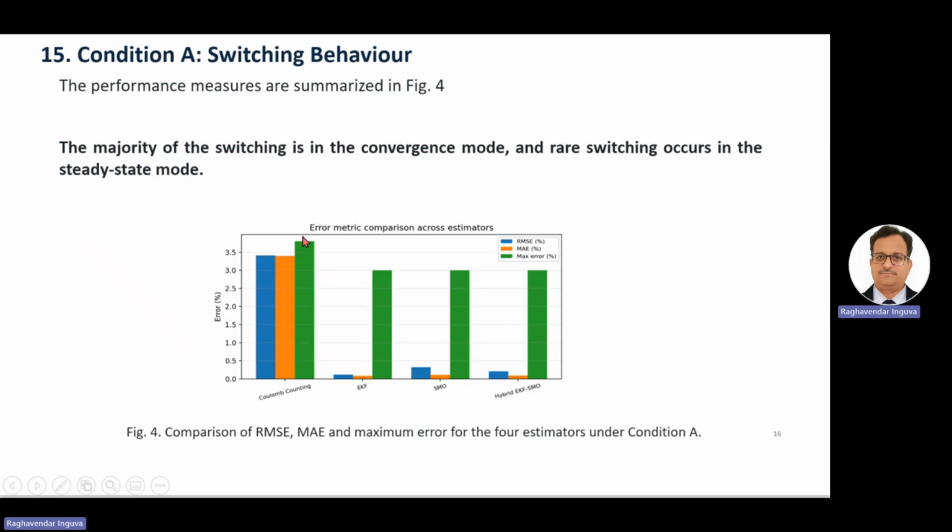So Coulomb counting is way behind all other algorithms, where RMSE, MAE, and maximum errors are much higher when compared to other algorithms. Whereas EKF is outperforming both the SMO and hybrid, because EKF RMSE is much lesser when compared to the others, and MAE is also comparatively less than SMO and hybrid, whereas the maximum error is almost the same in all the algorithms.